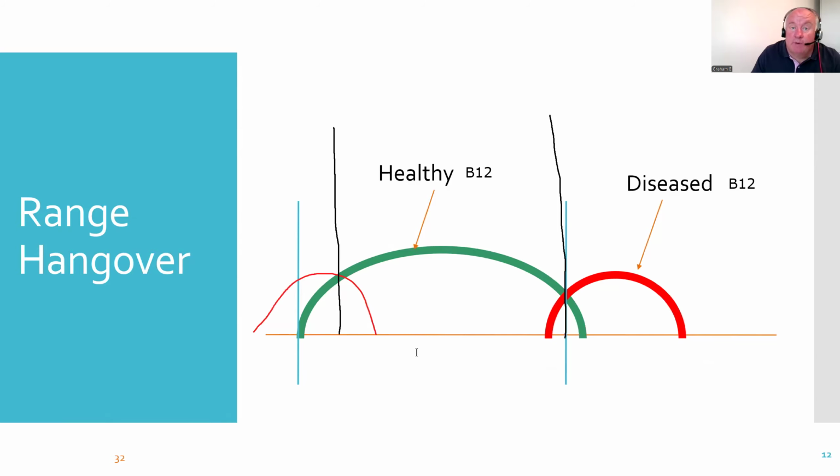So let's just pause a bit and recap what we've done. On the x-axis from left to right, we've got the vitamin B12 blood test results, from low to high. You can see in B12, there are two elements of B12.